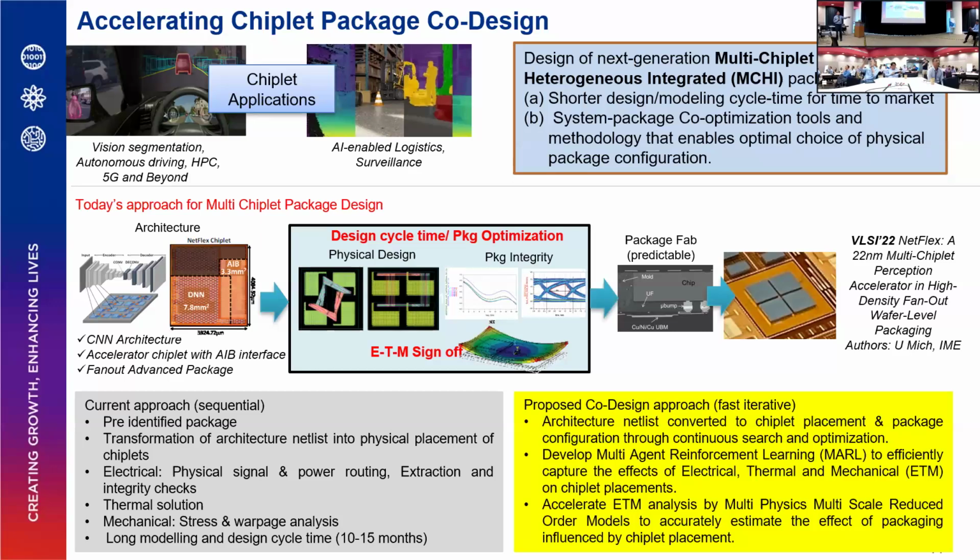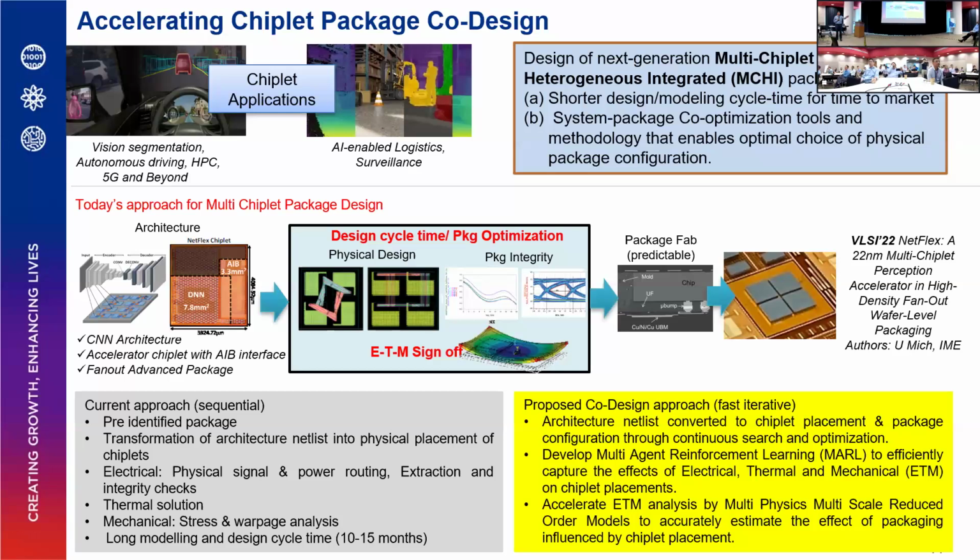The system package co-optimization tools and methodologies need to be developed to enable optimal choice of the physical package configuration, especially when you're going to a chiplet configuration, which has a deep level of complexity when you take into account the electrical, mechanical, thermal interactions. So the current approach is purely sequential, where you have a pre-identified package, and then you do this design in an iterative way.